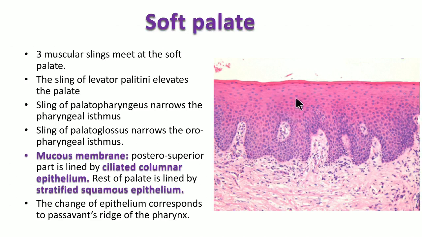Then in the middle part you have polyhedral cells, and in the lower part you have low columnar to cuboidal cells. There are many layers, so it is stratified, and the superior layer is squamous, so it is called squamous. If you have keratin deposition, you come across it mainly in the skin. Based on the thickness of this, you call it thick skin or thin skin.